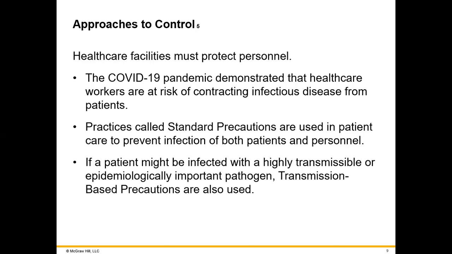So think of these as a higher level of protective protocols than the standard precautions. And you would see these in specific wards in the hospital. And today, these are quite prominent in the hospital ward where COVID-19 patients are placed.